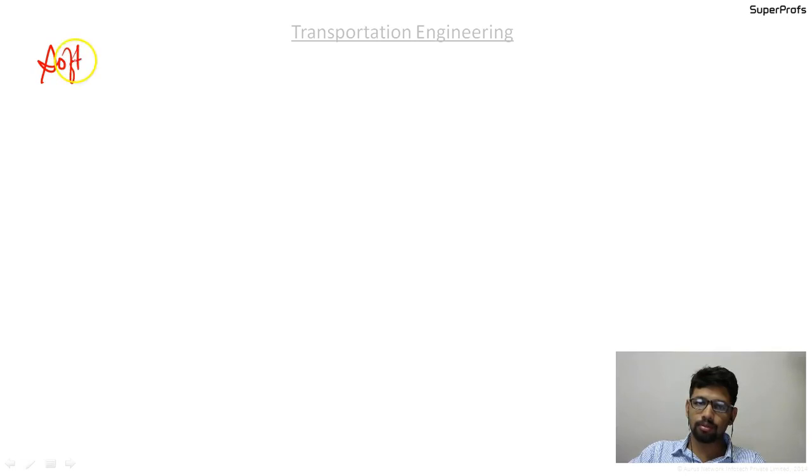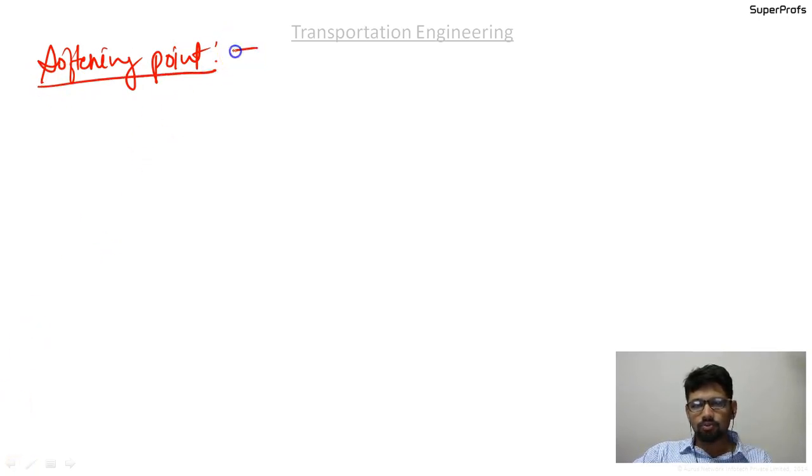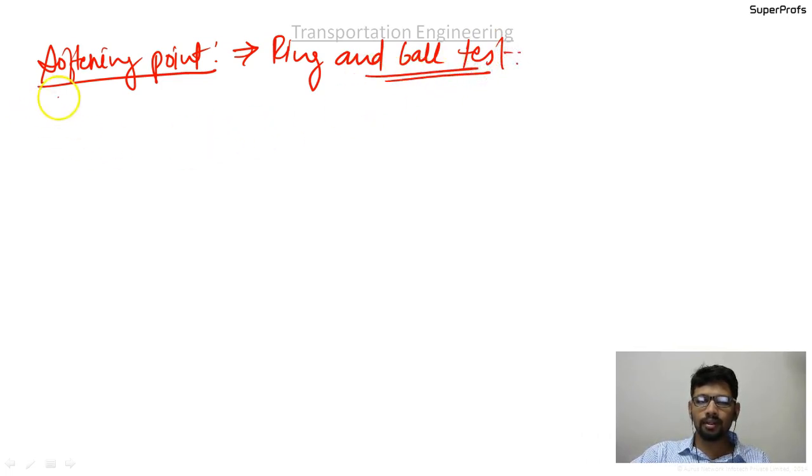Tar. Okay. So let us now discuss the softening point for bitumens. The test used for softening point is the ring and ball test. You might have performed experiments using this test. It is a very common test, and you know what it is. It is actually a temperature. It is the temperature at which the substance attains a particular degree of softening under specified conditions.